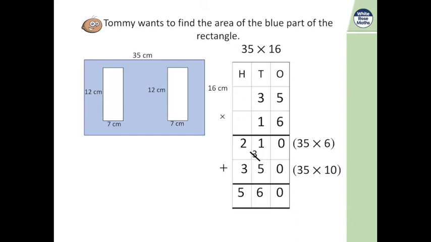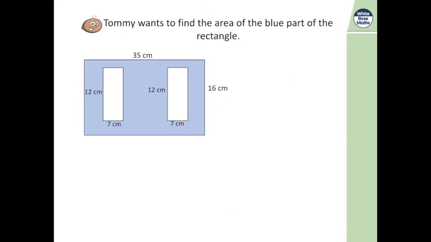But there are 2 parts there which are empty spaces, so we need to subtract those away. Next step. Work out the area of these spaces. Well, 12 times 7, of course, is 84. There are 2 of those.